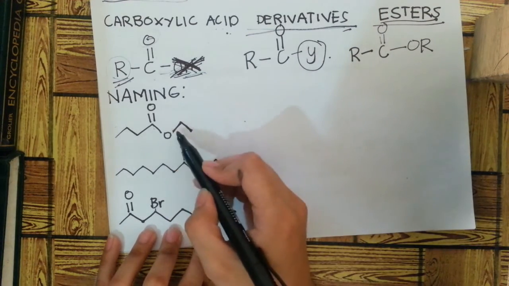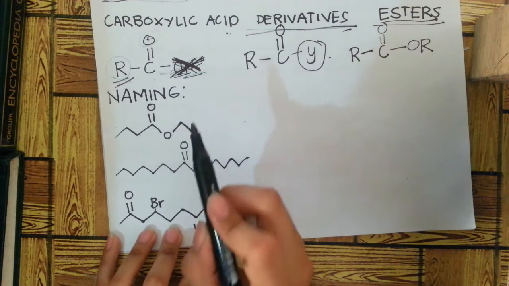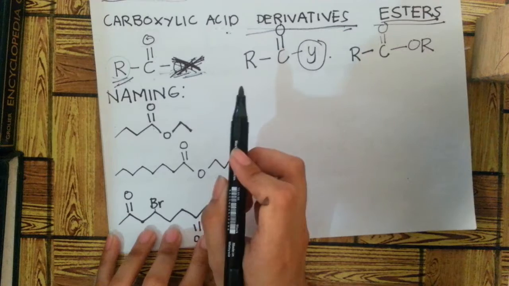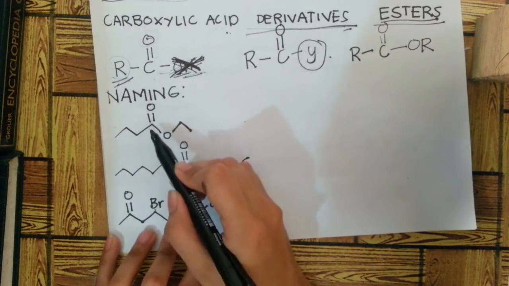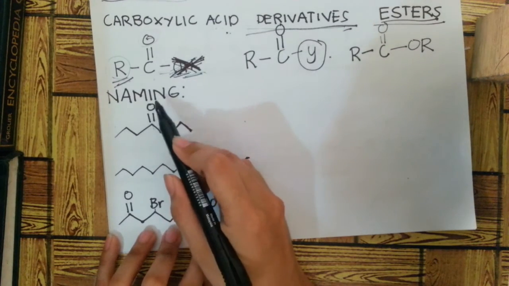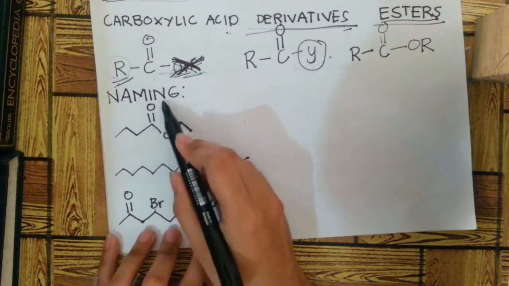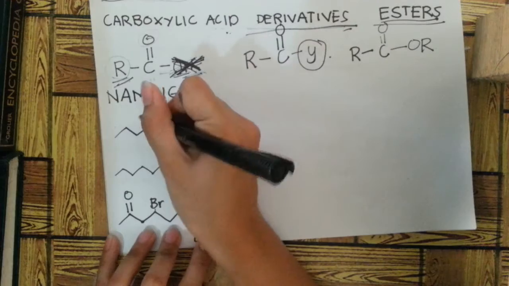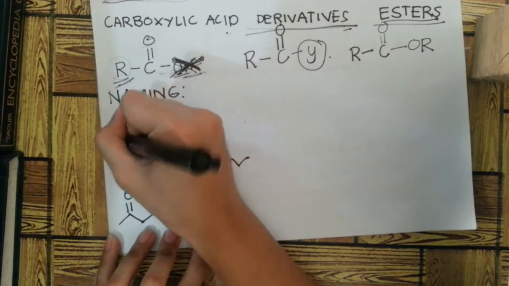In this case, we must remember to first place the number 1 as a numbering of carbons to the carbon on which the double bonded oxygen is connected. So I would place number 1 here. Let's count that: 1, 2, 3, 4.